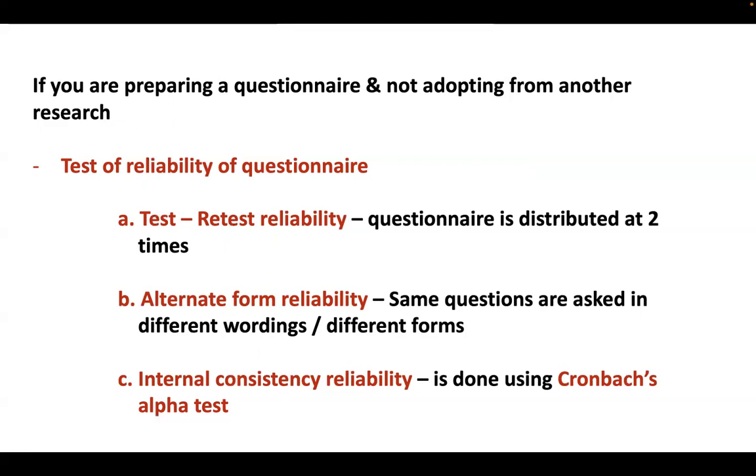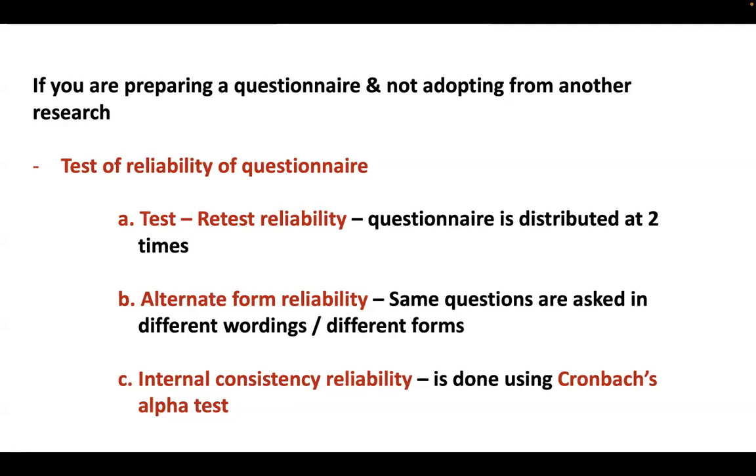To avoid that, you can use alternate form reliability. In the second questionnaire, you can put another wording. Instead of asking where is your house, you can ask which part of India your house is in, or which village you are from.